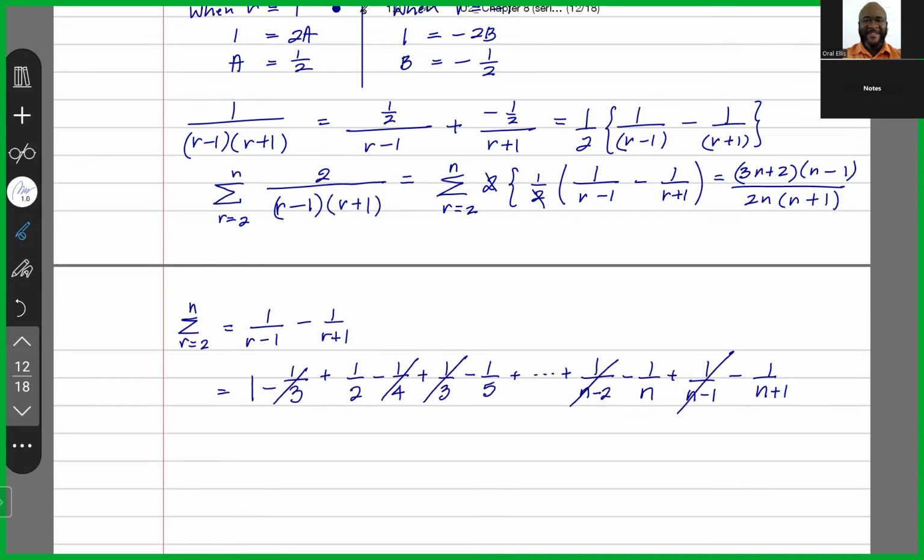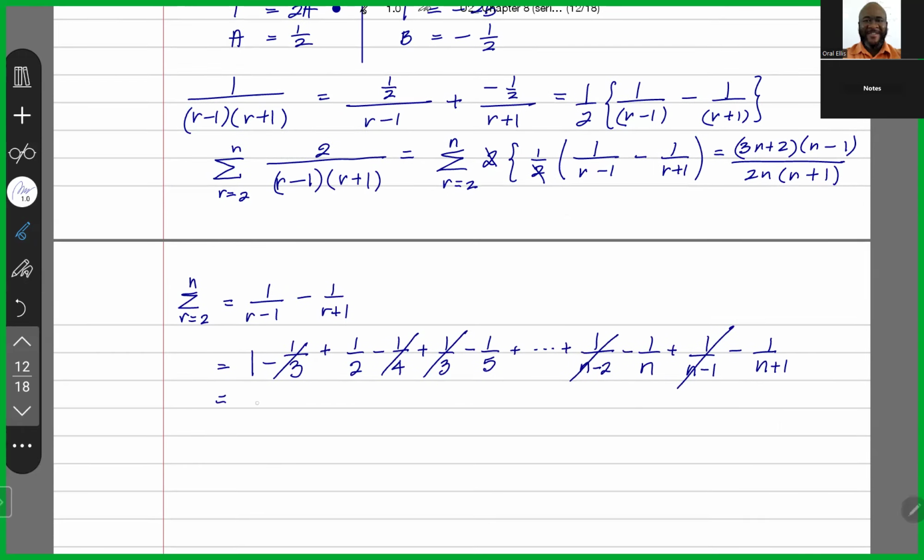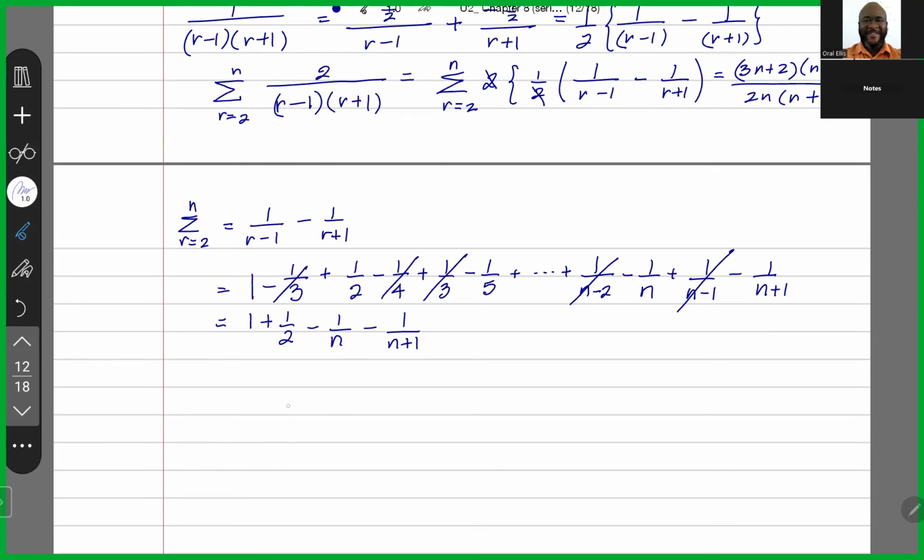So what remains is 1 plus a half minus 1 over n minus 1 over n plus 1. And so this becomes 3 over 2, a half plus 1, minus 1 over n, minus 1 over n plus 1.